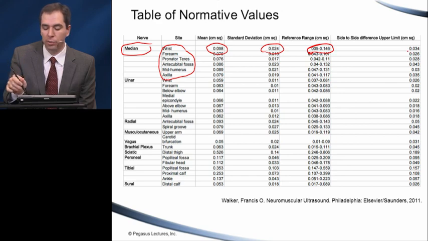They also did measurements to see what the normal side-to-side difference in asymptomatic patients was. So you can also use that if you get a measurement on the opposite side. If the difference between the sides is greater than this difference, then you can presume that the nerve is abnormal.